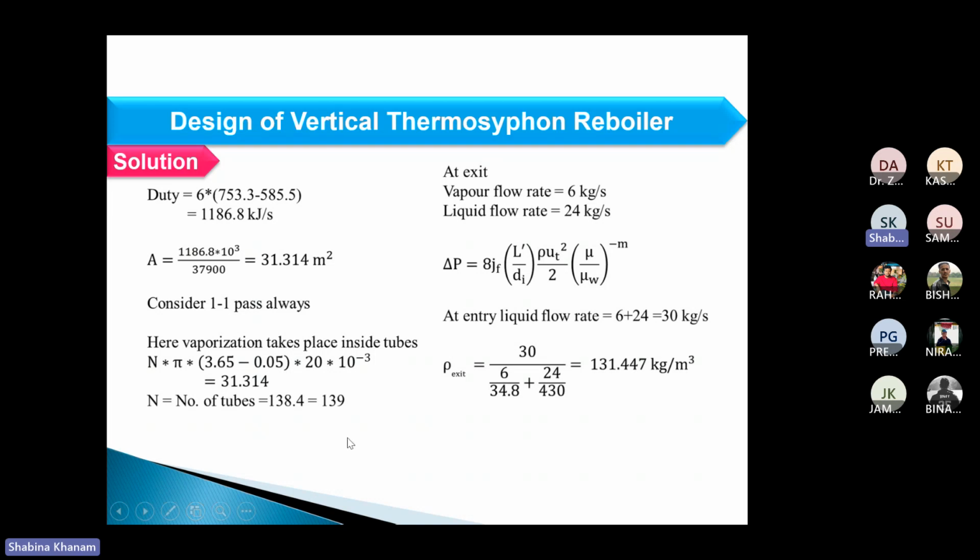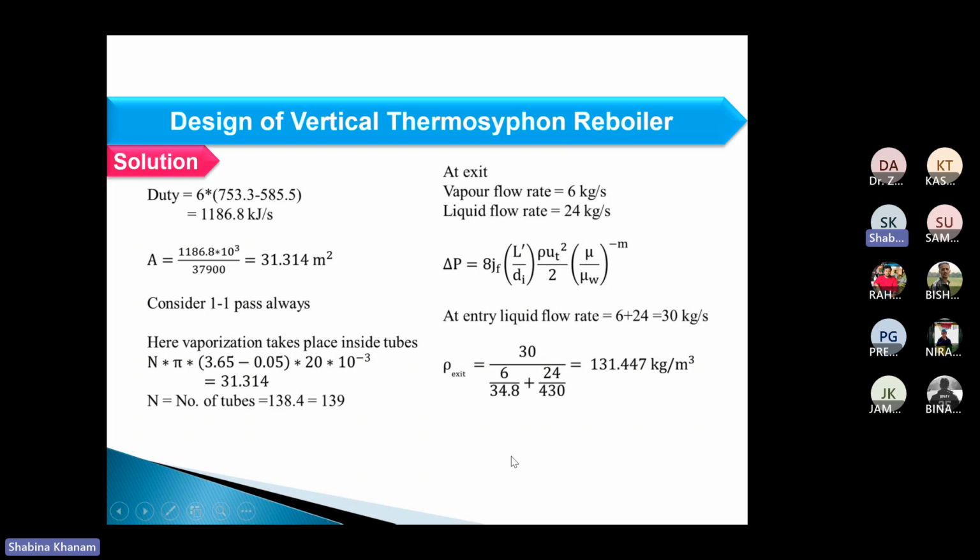If two passes or some other more passes will be required, then it should be taken accordingly. But in this case, because it is one pass, the number of tubes can be odd as well, but the number should be complete. I hope you are getting it. Okay, so this is 139.